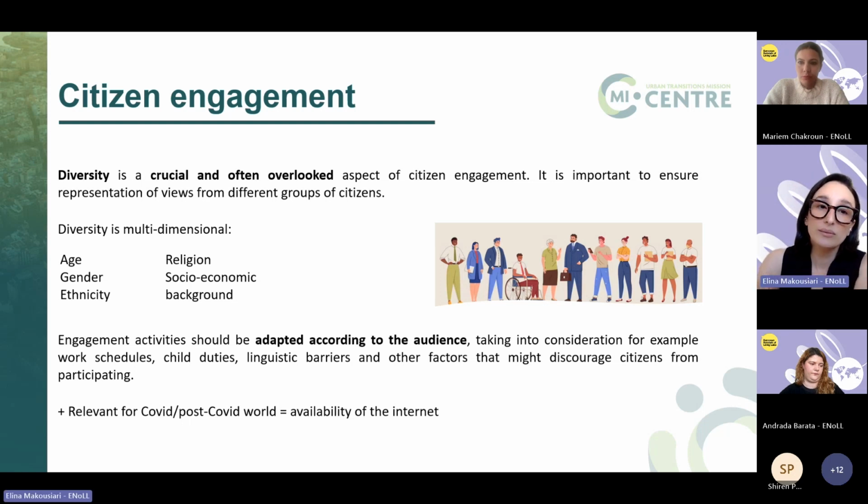And also quite relevant for the COVID era, but also the post-COVID era that we are, I think, still in, the availability of internet. So when and if you decide to come up with an online session that you want citizens to get involved in, you need to make sure that they have such access, right?